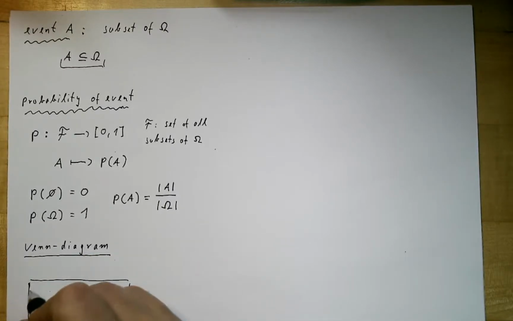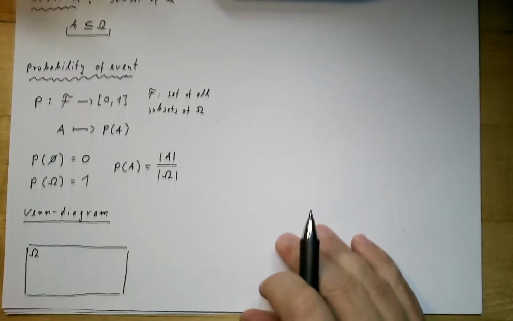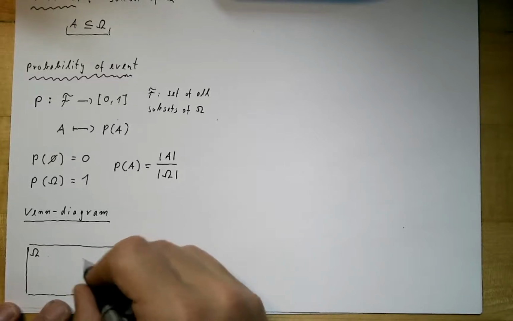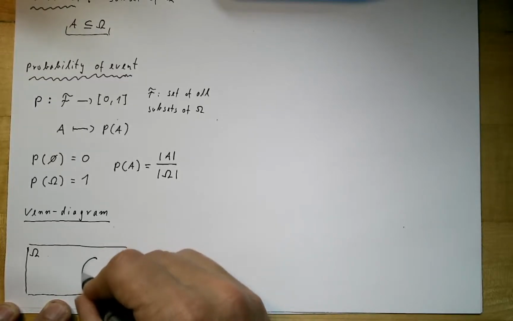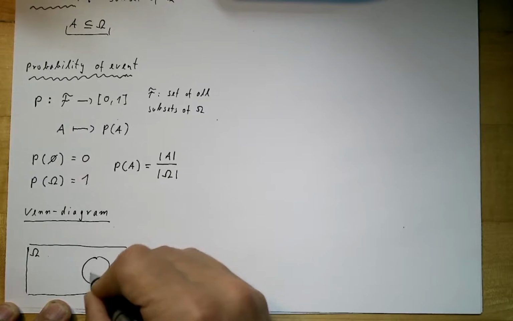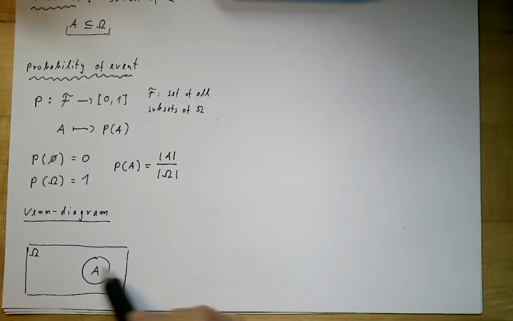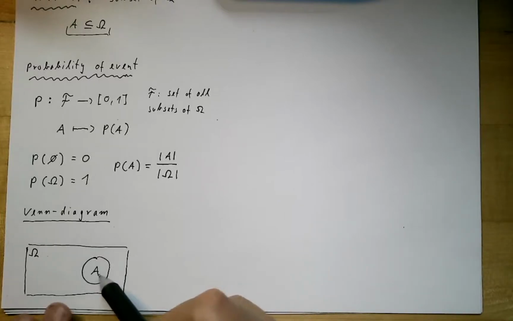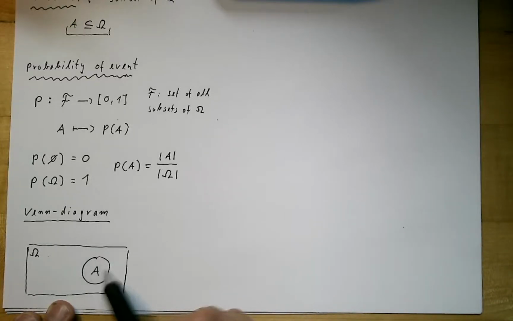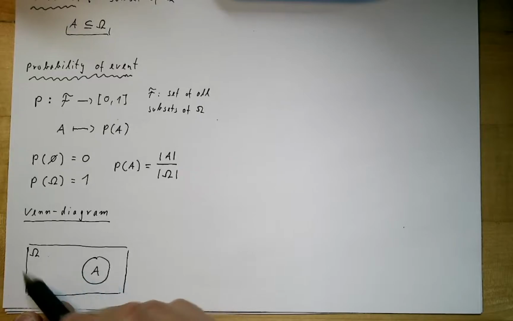That's the sample space omega. And if we have some event, then this is a subset of omega, and this would be the area in the circle, that would be the event A, and then the probability of A is the area of A divided by the area of omega.